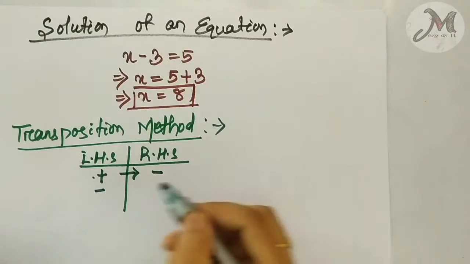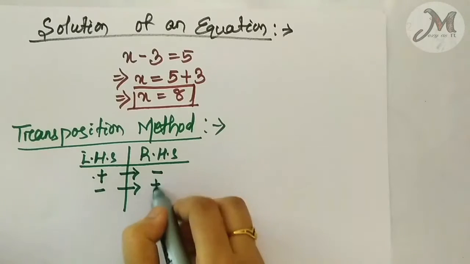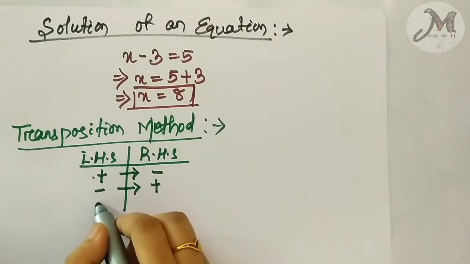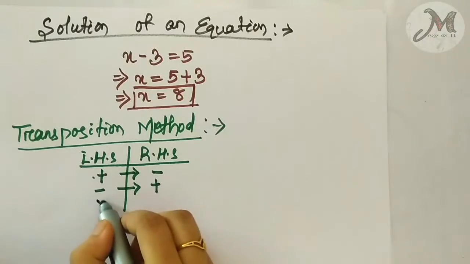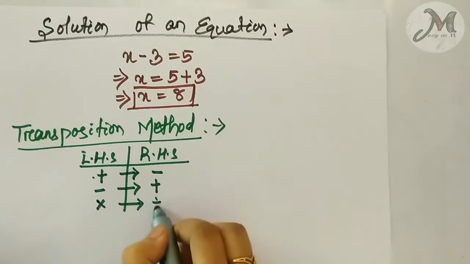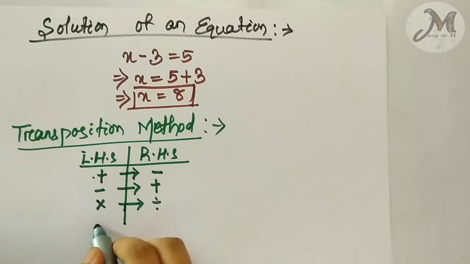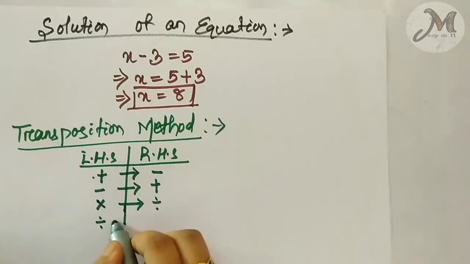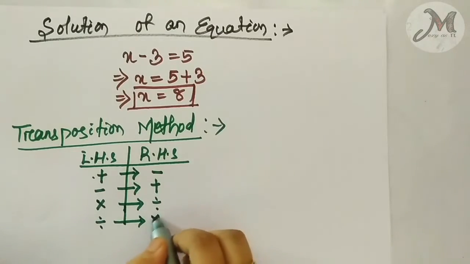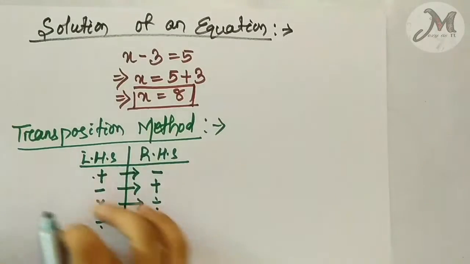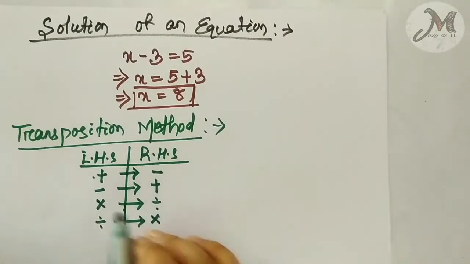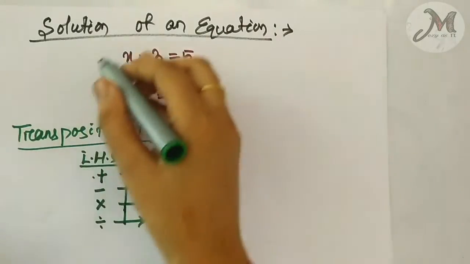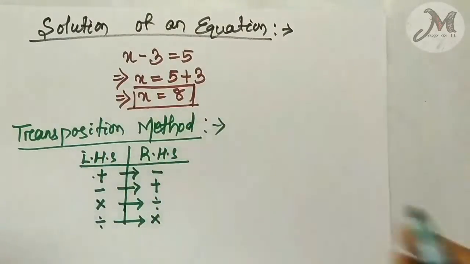If the sign is minus, it will be transposed to plus. If the sign is multiplication, it will be transposed to division. Similarly, if the sign is division, it will be transposed to multiplication. Okay, this is the general rule we have to follow in order to solve an equation in the transposition method.